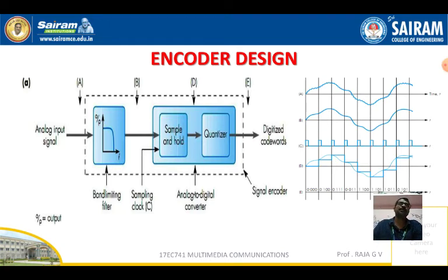One is a sample and hold circuit, the second is the quantizer. The sample and hold circuit samples the amplitude of the filtered signal at regular time intervals and holds the sample amplitude constant between the samples. In turn, the quantizer converts the sample amplitude into a binary value, known as code words.